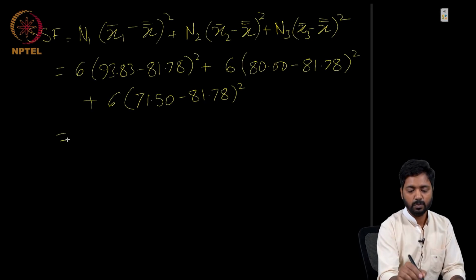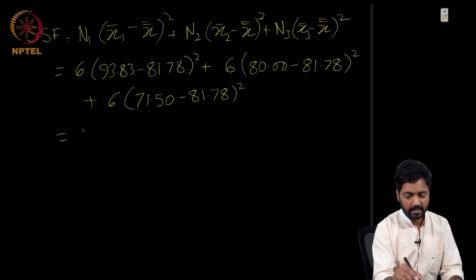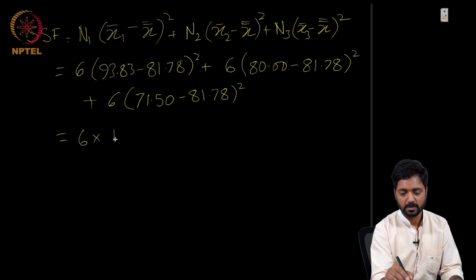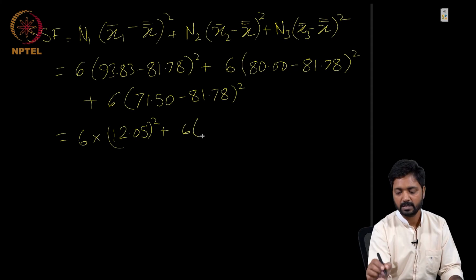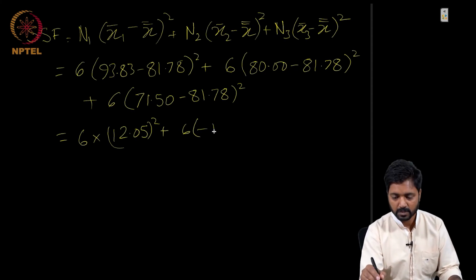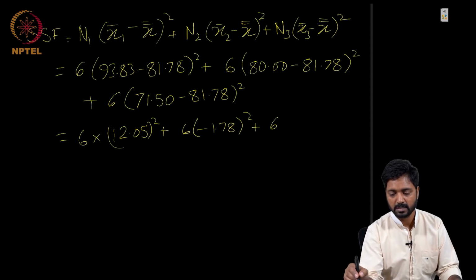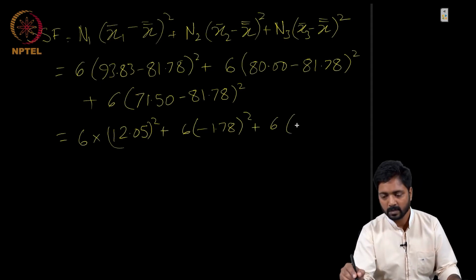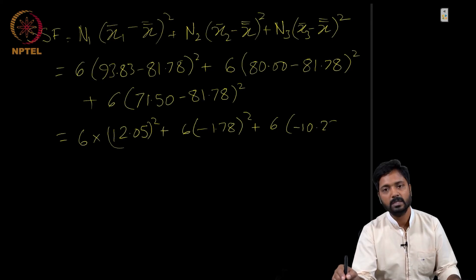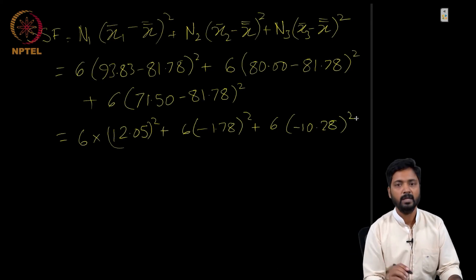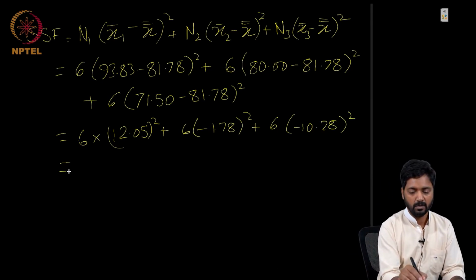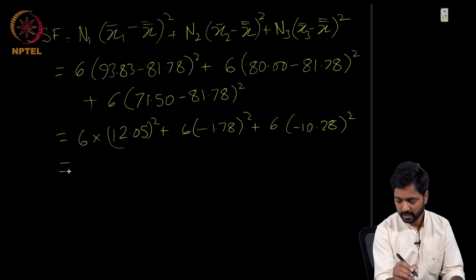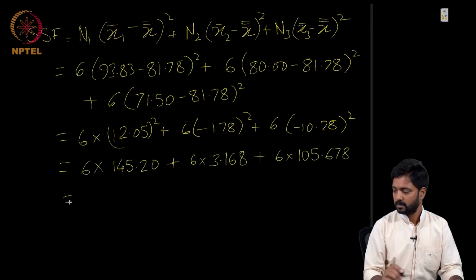So, when we do this, we get 6 into 12.05 squared plus 6 into minus 1.78 squared plus 6 into minus 10.28 squared, and on solving this we get this.